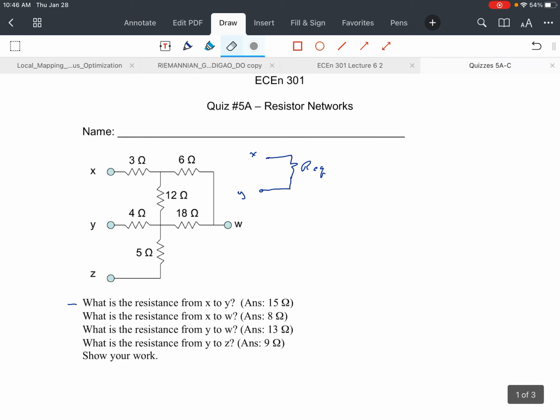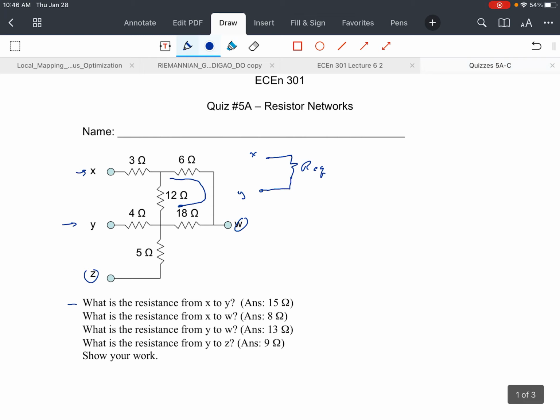Okay, so if we're going from X to Y, that means Z and W are all just open circuit. From the perspective of X to Y, the same current flows in this loop, so the 6 and 18 ohm resistors are in series.